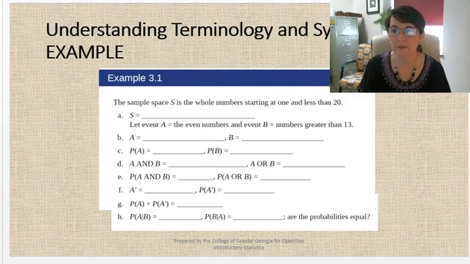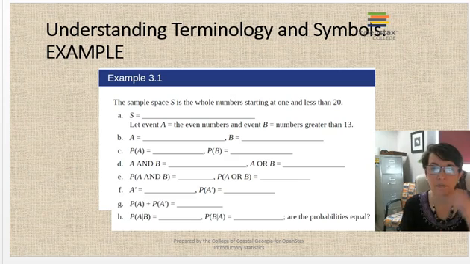So here's a little bit of understanding terminology. And in the next slide, there are actually the answers. So here we're talking about the sample space of all the whole numbers starting at 1 and less than 20. Now that's not including 20. So we're going 1 through 19. So if you would take a minute and just jot down what you think the answers are for these. The answer is on the next slide.